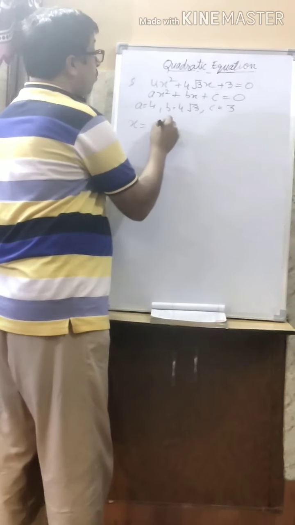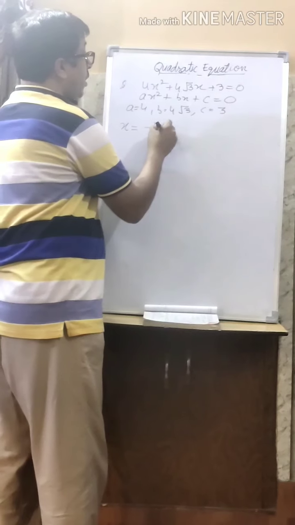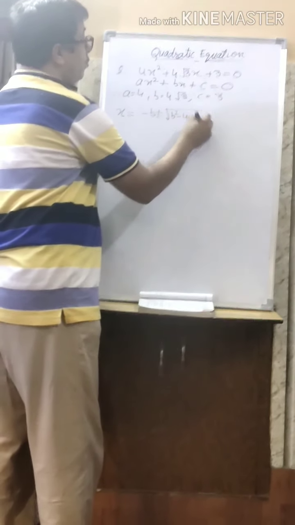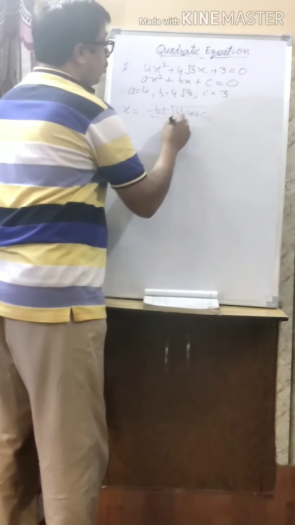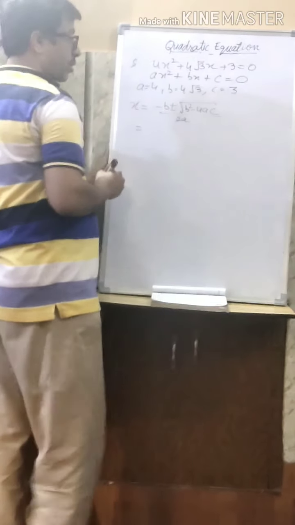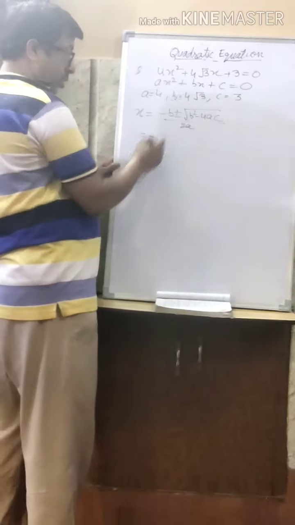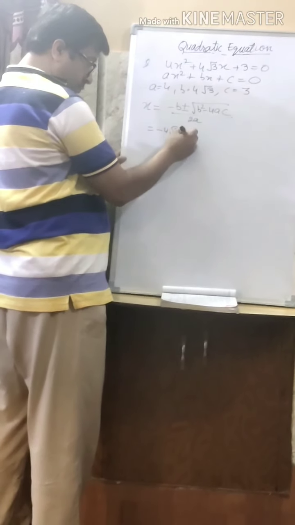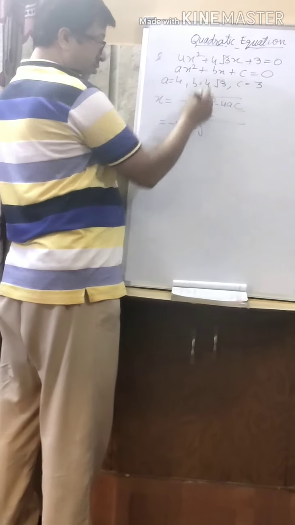x is equal to minus b plus minus under root b square minus 4ac upon 2a. So minus b is minus 4 root 3 plus minus b square.